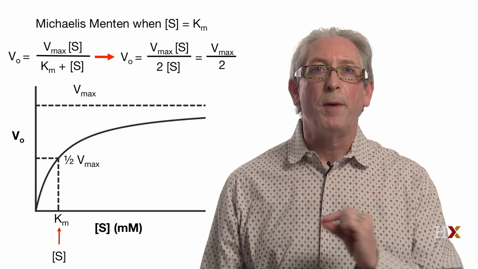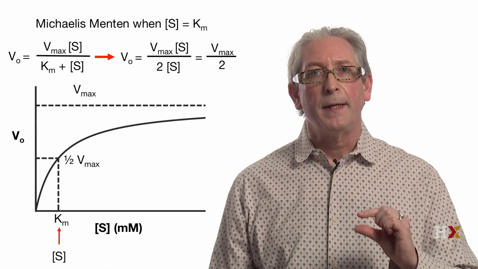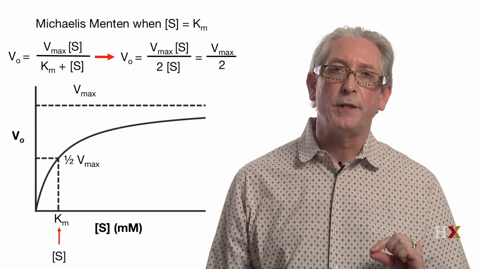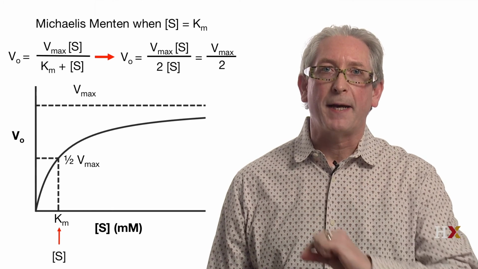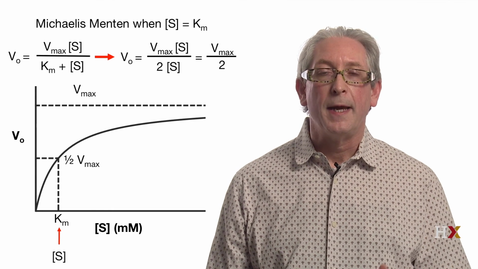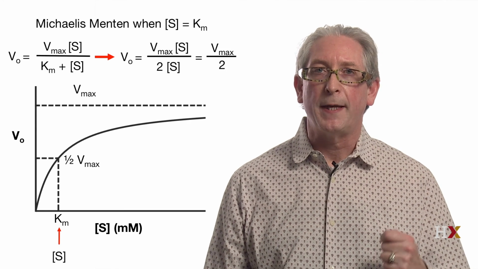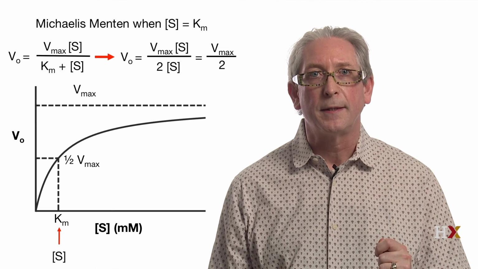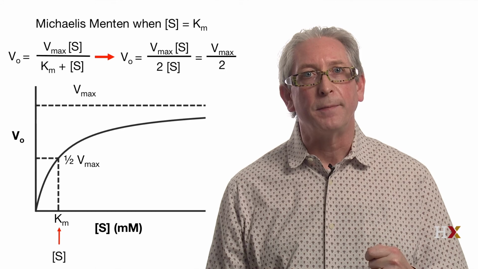This is an optimum condition for the cell because the enzyme can both be sensitive to changes in the concentration of substrate, but can also reach its maximum velocity. And this also gives us a new definition for Km. You can see now that Km is the concentration of substrate needed to reach half of maximum velocity.